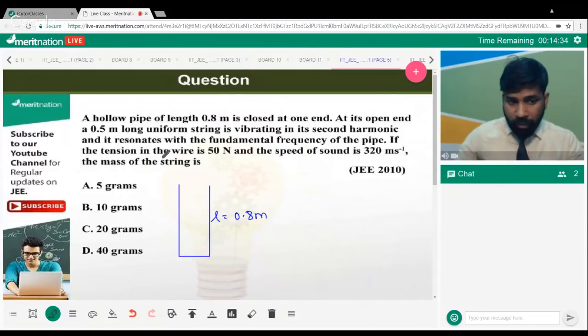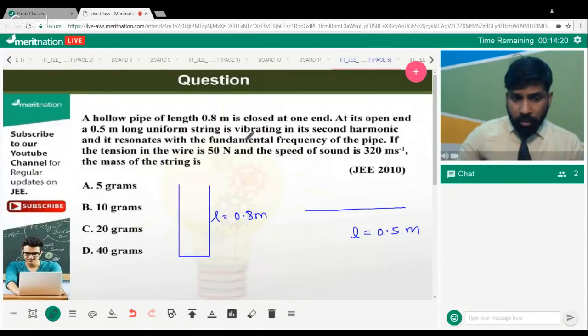At its open end, a 0.5 meter long uniform string is vibrating. Suppose this is the string which is vibrating, and the length of this string is 0.5 meter. According to the question, it vibrates in its second harmonic and is in resonance with the fundamental frequency of the pipe.